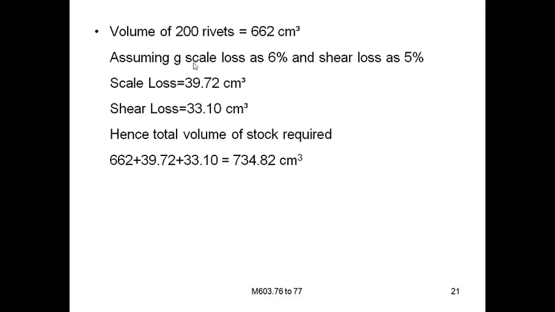Now you consider the scale losses as 6% and shear losses as 5%. Sometimes he assumes scale loss as 7.5, that is also nothing wrong. You can assume 6 or you can assume 7.5, everything is correct.